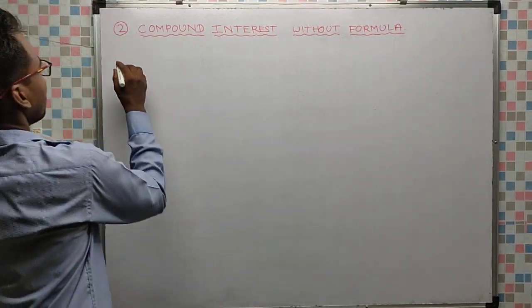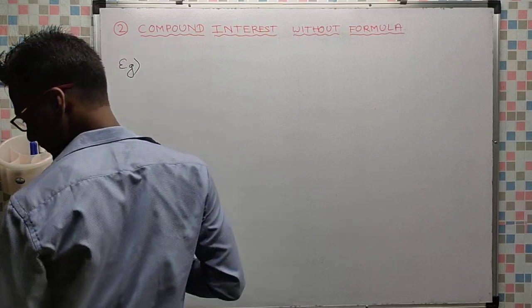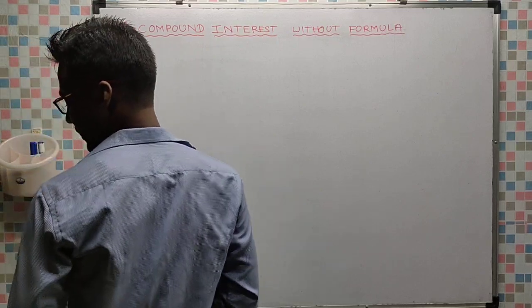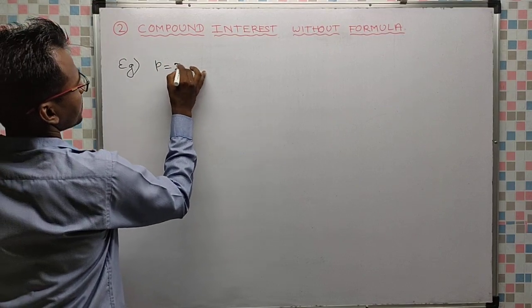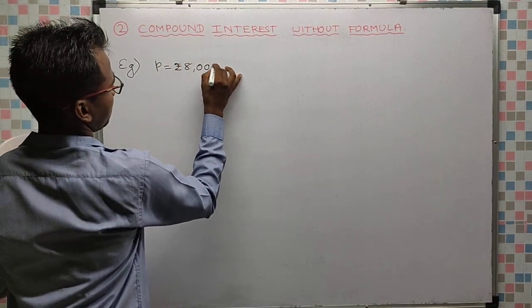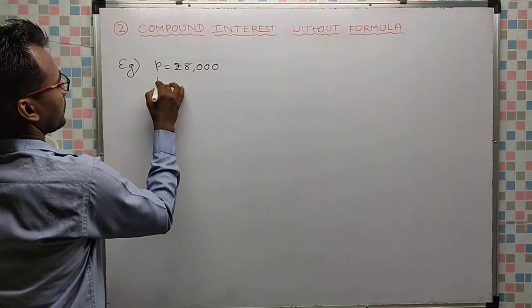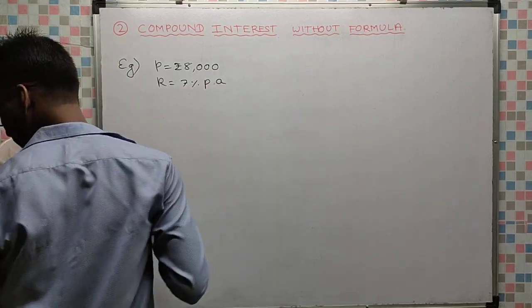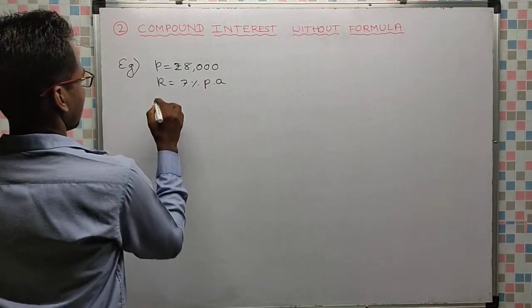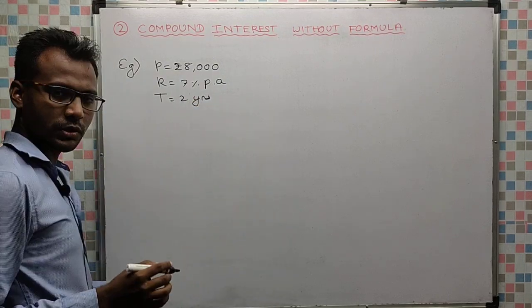Next example. Rupees 8,000 is lent out. P is equal to rupees 8,000, at 7%. R is equal to 7% per annum, for 2 years. Time is 2 years.